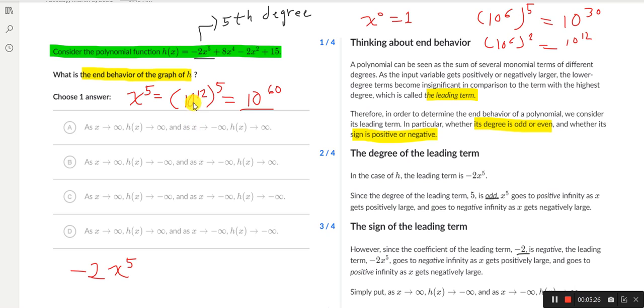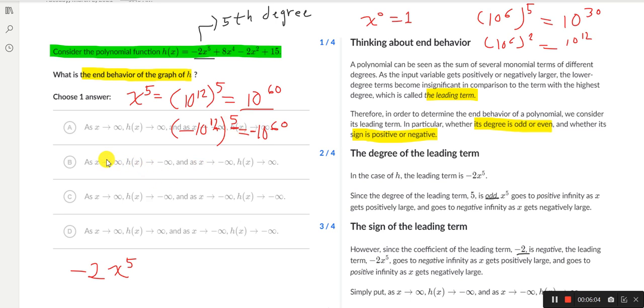And because the exponent is odd, if you have, for instance, instead of 1 trillion, negative 1 trillion, this number here would be negative, because the exponent is odd.